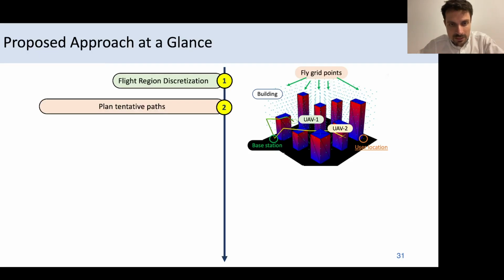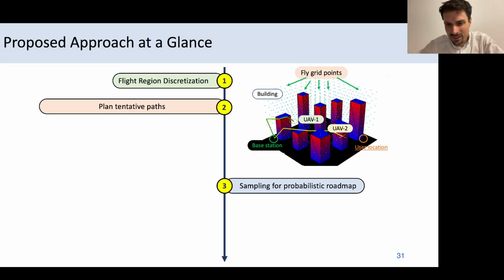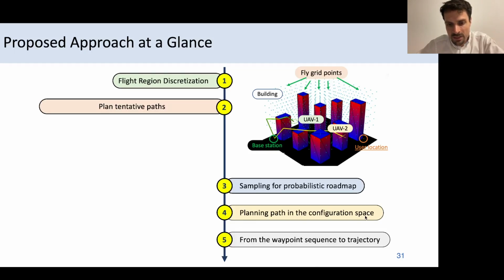Then we plan the tentative paths using this heuristic algorithm that I will describe soon, and then we use the same approach as in probabilistic roadmaps. We sample around that and we plan the path using the resulting graph. And finally, from the sequence of configuration points, we need to apply an interpolation algorithm to recover the trajectory.